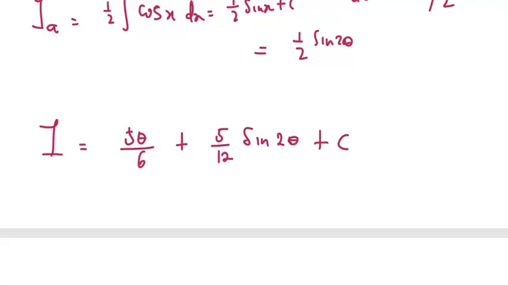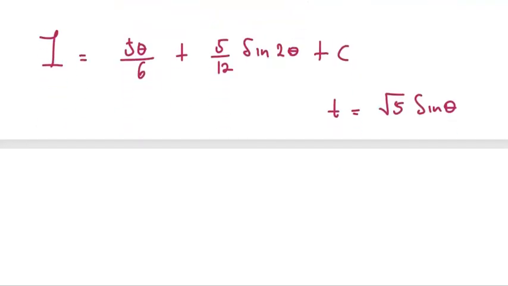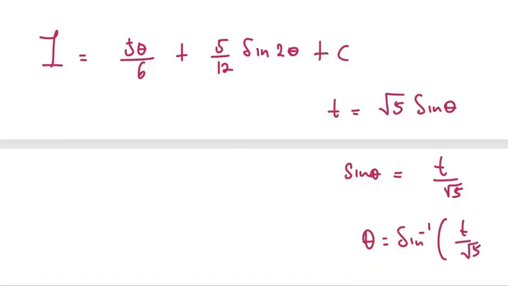So let us recall again that t is equal to square root of 5 times the sine of theta, right? So we can solve for theta here. So we get that sine of theta is equal to t by square root of 5. Therefore, theta is equal to the inverse sine of t by square root of 5.